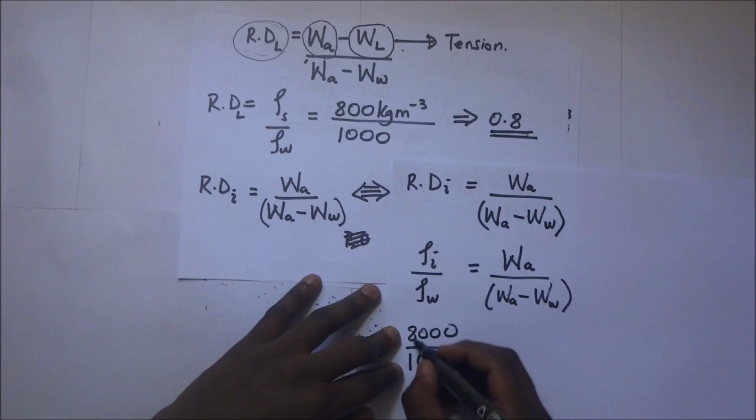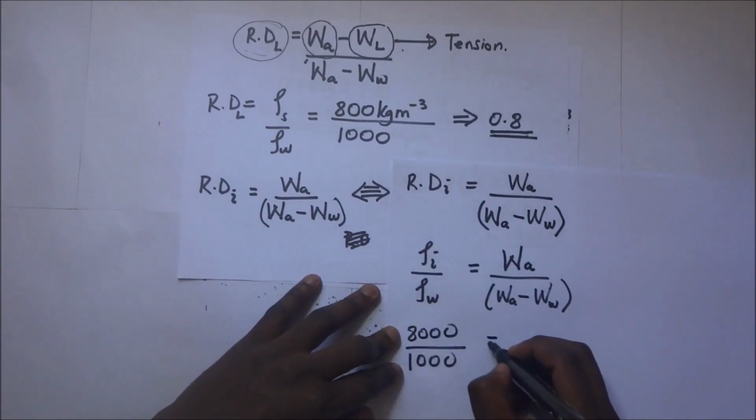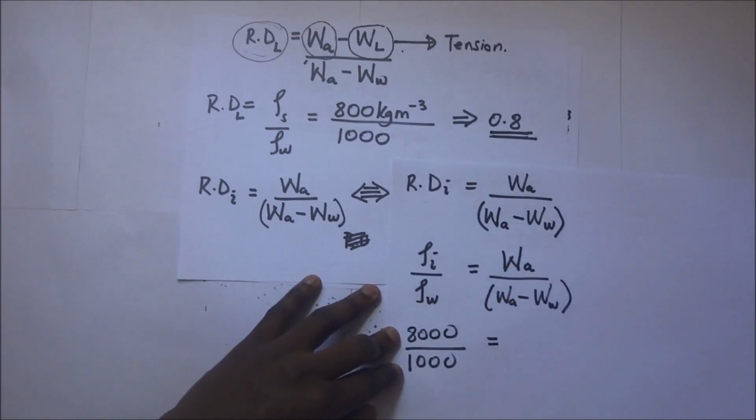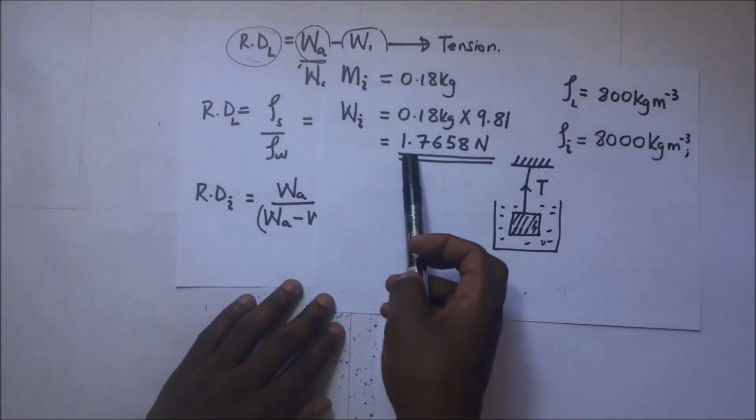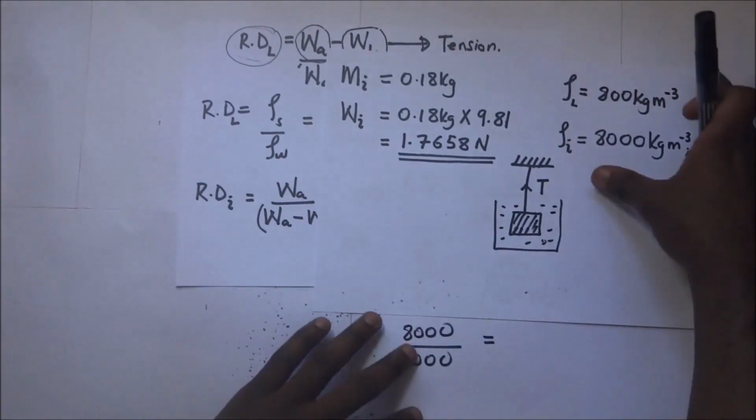So the relative density of the ion is given by its weight in air. We already know its weight in air, we found it earlier. Its weight in air is 1.7658 newtons.